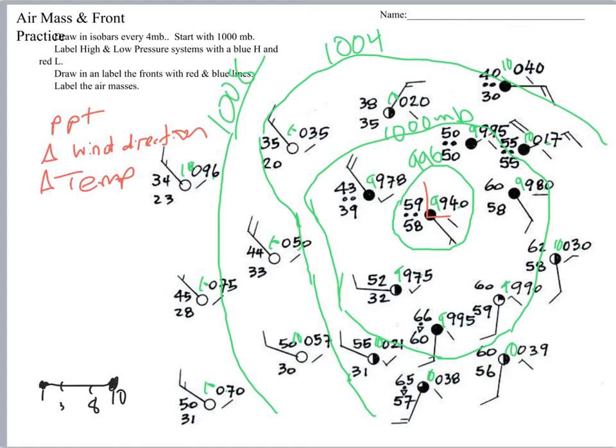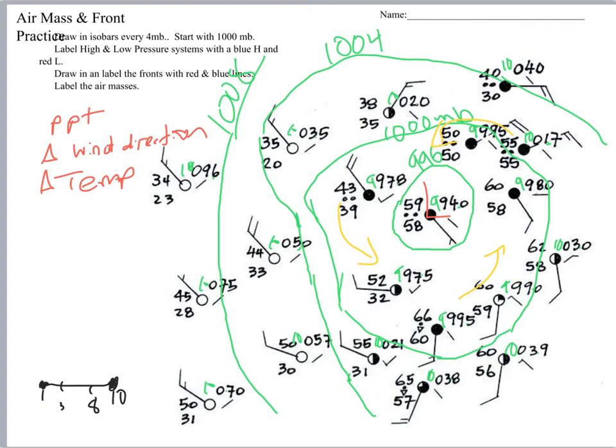Now last, we have to identify, is it a warm front or a cold front? Remember, our low pressure systems rotate counterclockwise. So I'm going to draw an arrow here to help us remember. It's going to go counterclockwise around the low pressure systems and in towards the center.